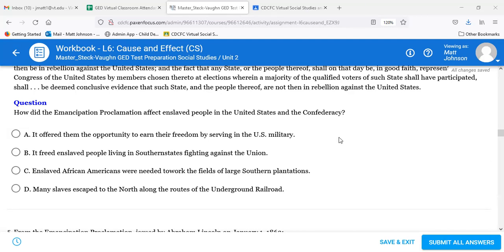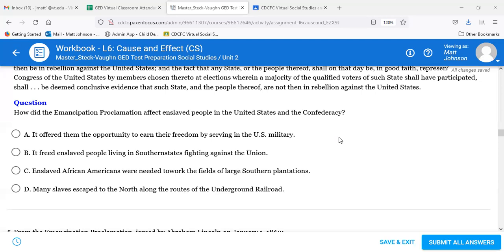C, enslaved African Americans were needed to work the fields of large southern plantations. D, many slaves escaped to the North along the routes of the Underground Railroad. Is it C?